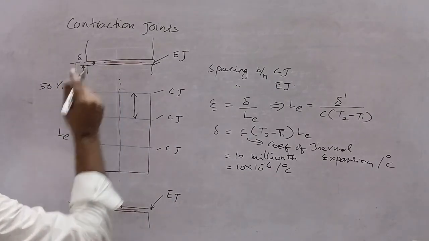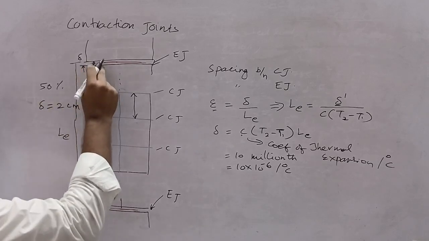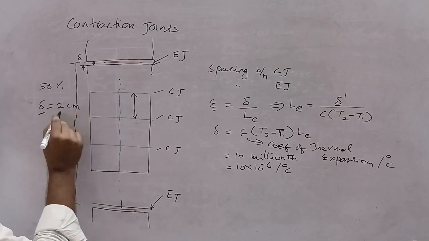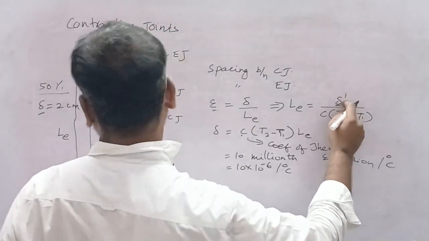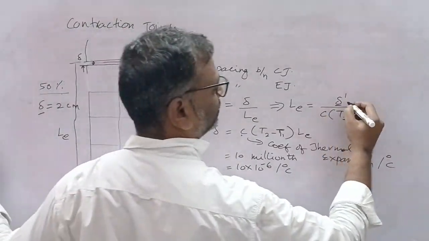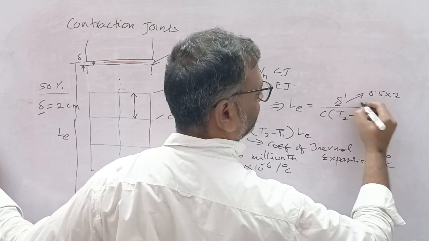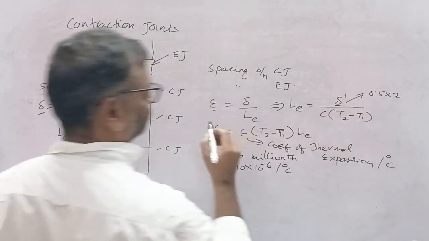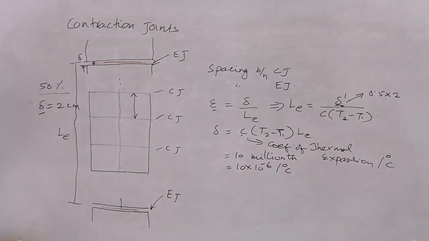So if they give the data like delta is 2 centimeter, that is the gap between expansion joints, if it is only contracted by 50%, then you have to take not 2 centimeter, you have to take 50% of it, that is 0.5 into 2 centimeter. You have to consider 1 centimeter here. So I put lambda dash because of this one.